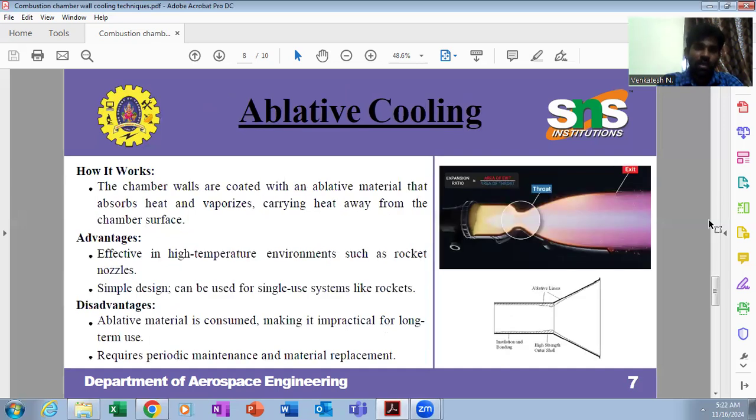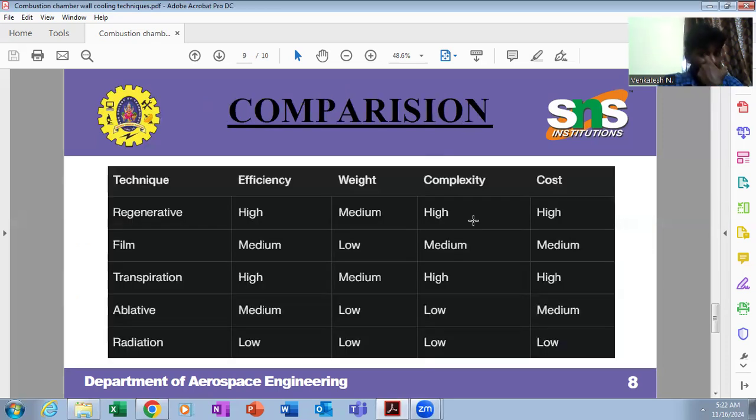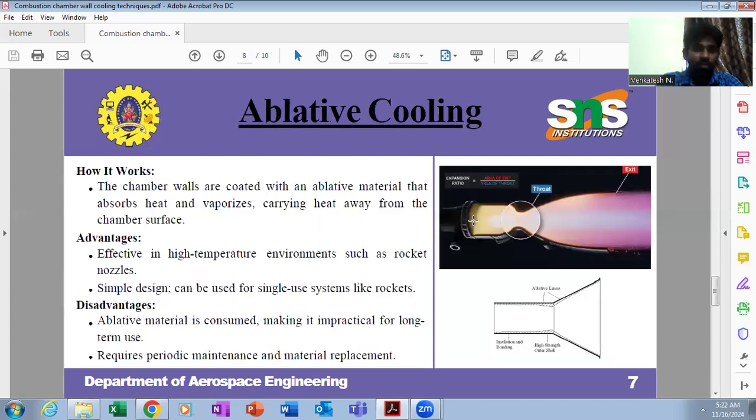The final one is a comparison with respect to technique, efficiency, weight, complexity, and cost of the regenerative cooling.